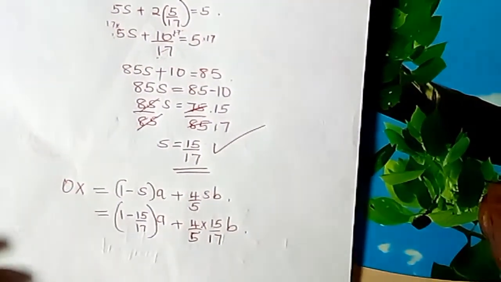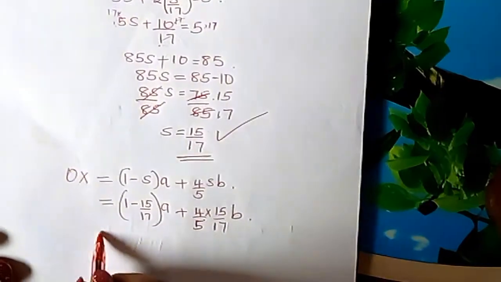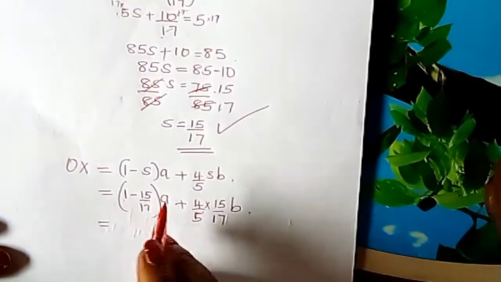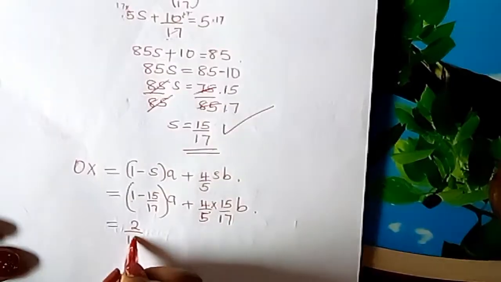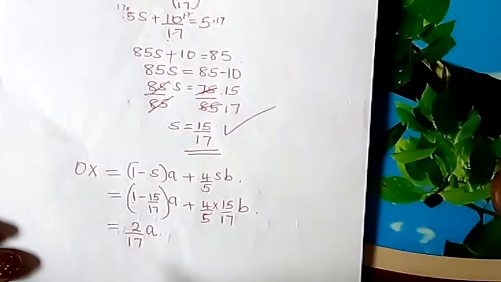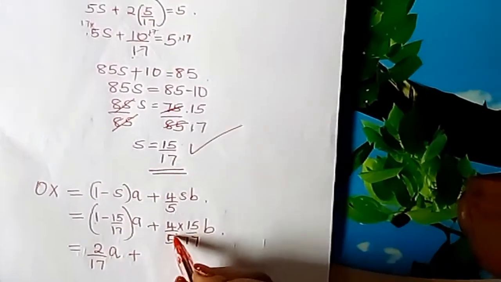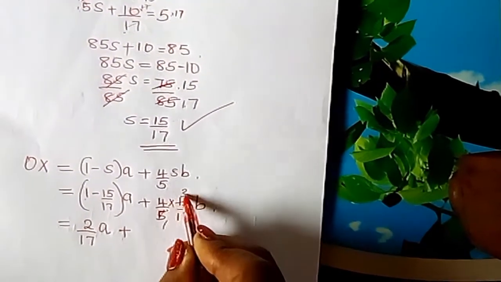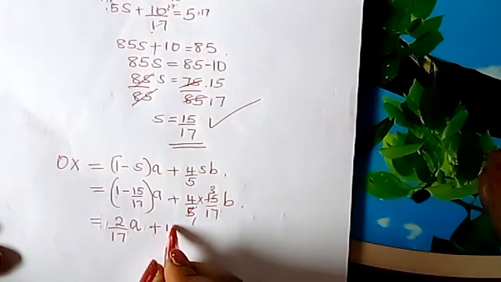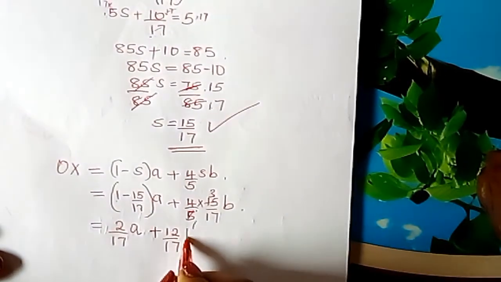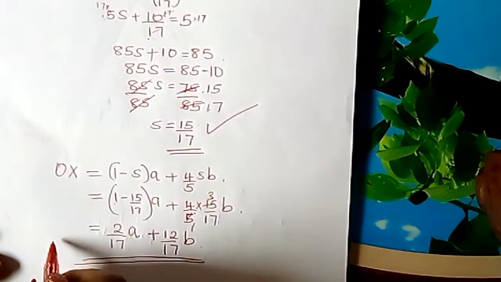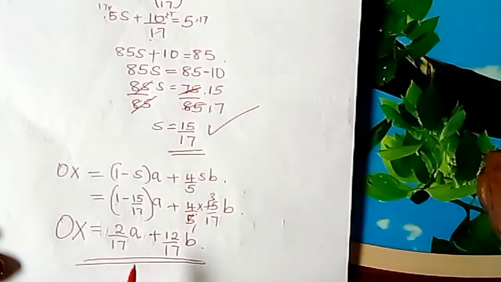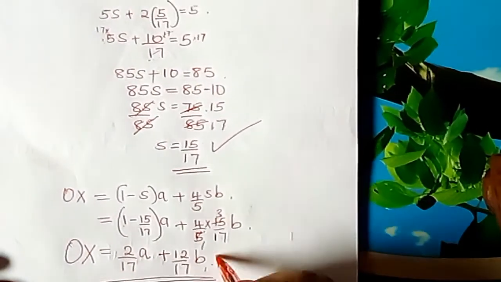Okay, so from there, Lana, you work out this. This minus this would give you 2 over 17 of a, plus, you work out this by 5, 1, by 5, 3. This gives you 12 over 17 b. And this is the expression of OX in terms of a and b.